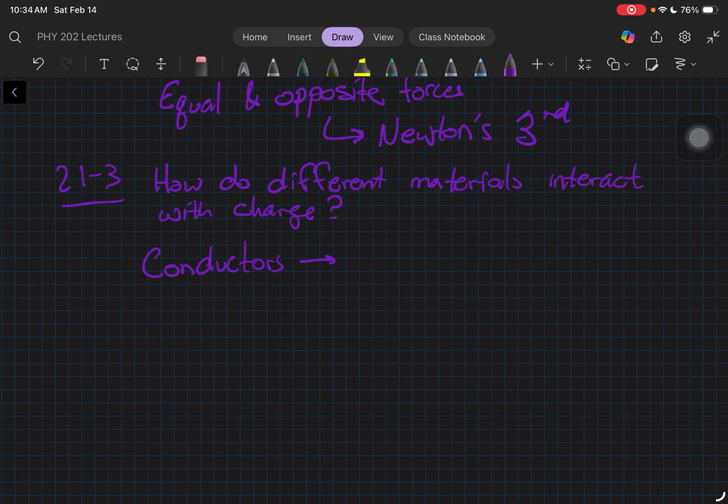A good example of that would be your metals. What happens there is you have all the atoms in your material, and they have what are called free electrons, which are electrons that aren't fully bound to any atom and can hop around.